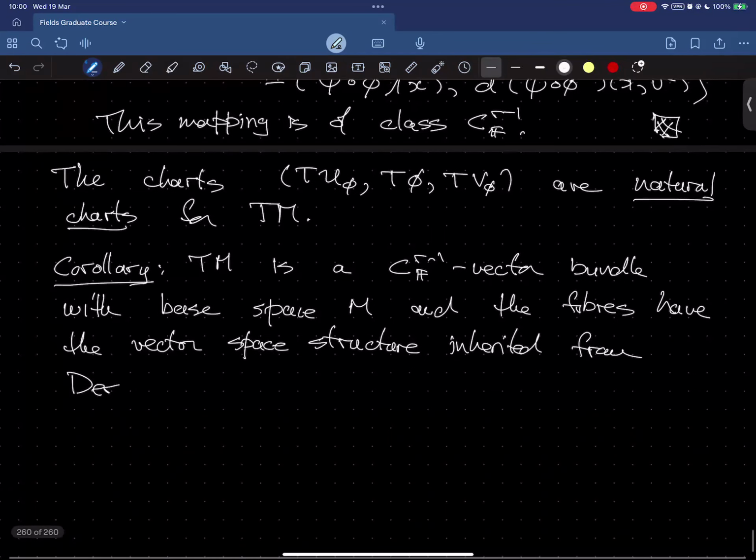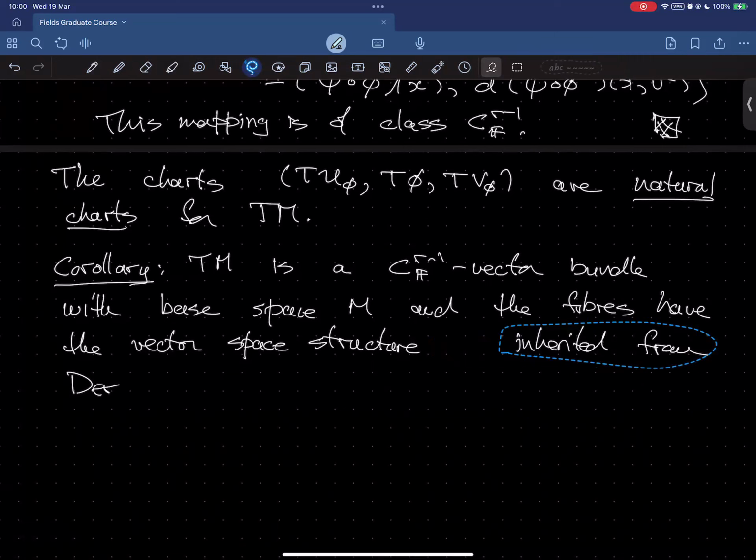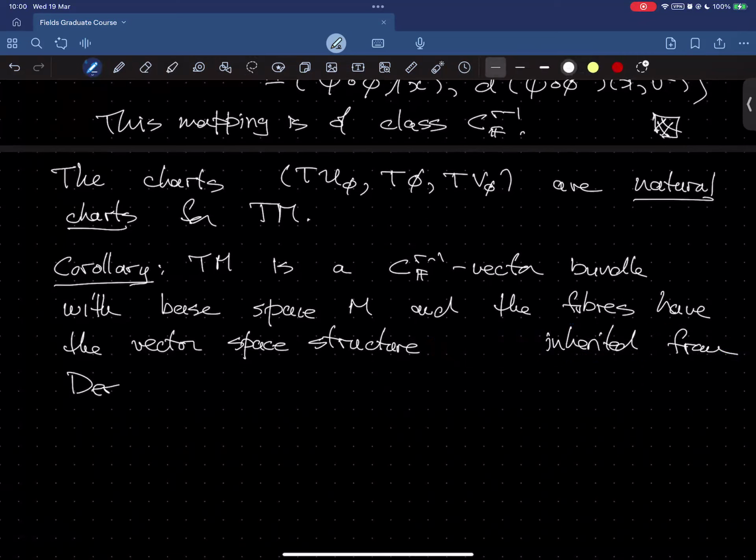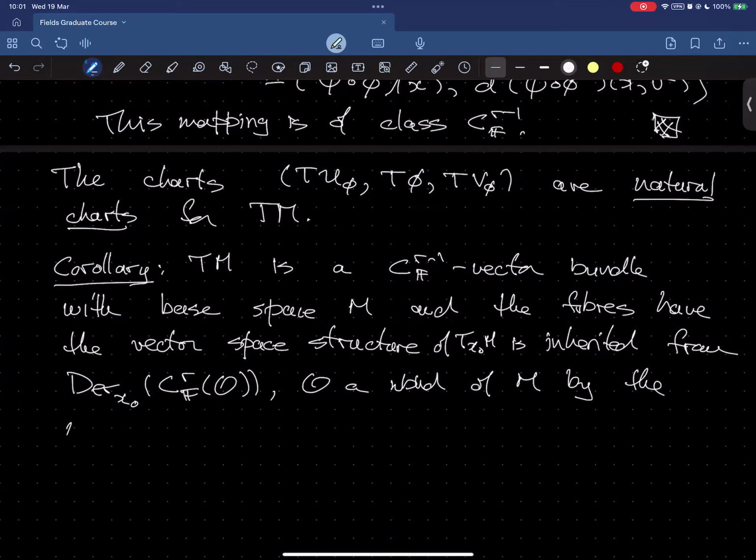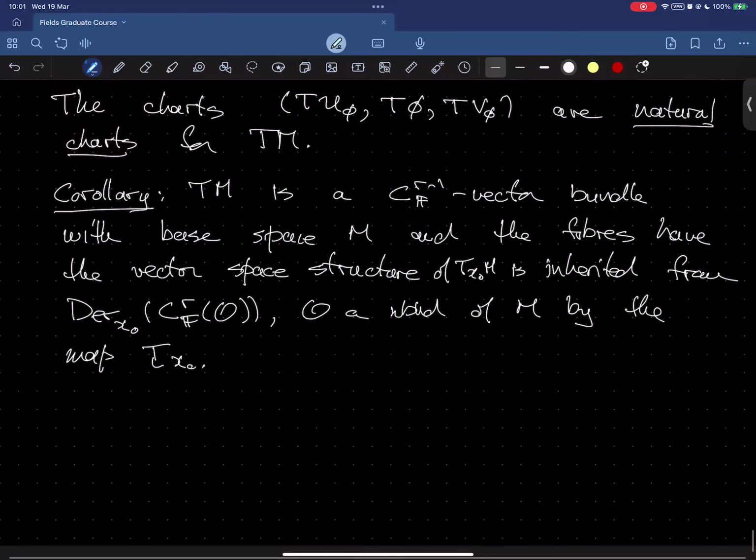The vector space structure of T_x0 M is inherited from the vector space structure on the set of derivations by the map that we dealt with previously, this tau x0 map. Proof.